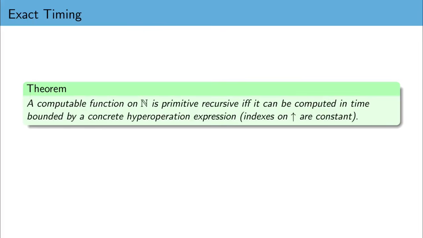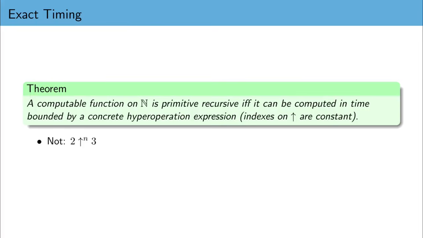One of the key characterizations of the primitive recursive functions is that they're exactly the computable functions on the integers which can be computed in time bounded by a concrete hyperoperation expression, some sort of expression involving hyperoperations applied to the inputs and constants, where the indices on the hyperoperations are constants. That is, we're not allowed to talk about the nth hyperoperation, right?